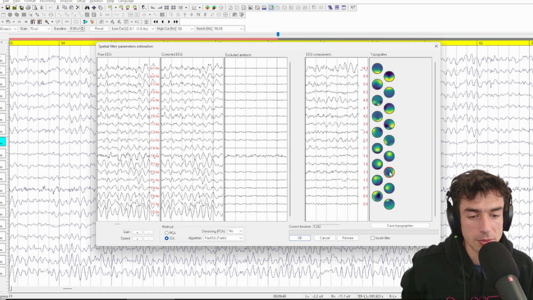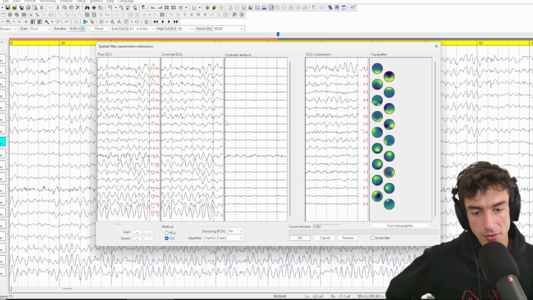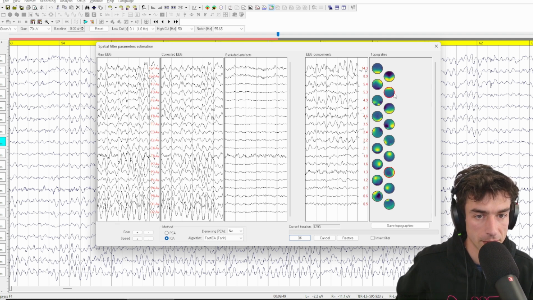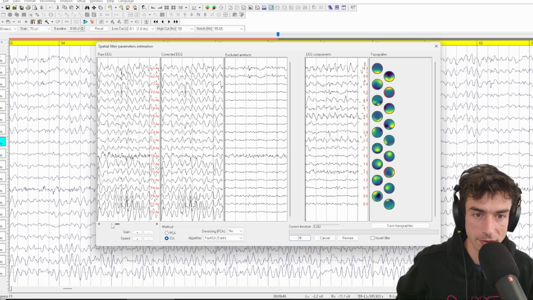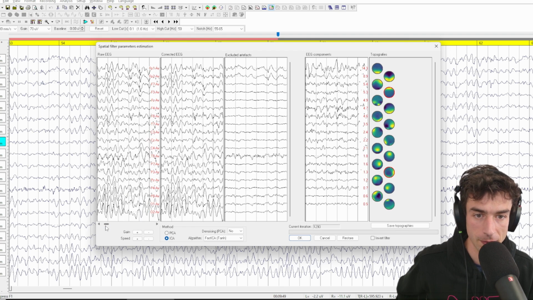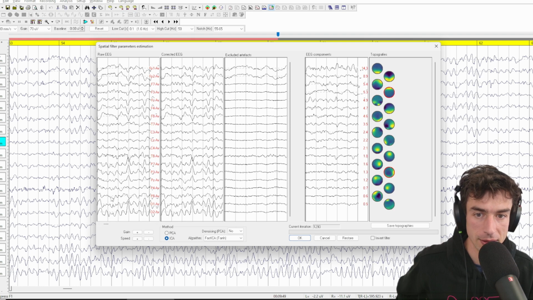This component has removed the EMG pretty effectively without squashing the cortical rhythmicity, so I'm happy about that. This looks like it might be some of that eyelid flutter that we saw pop up a couple of times. And indeed it is.